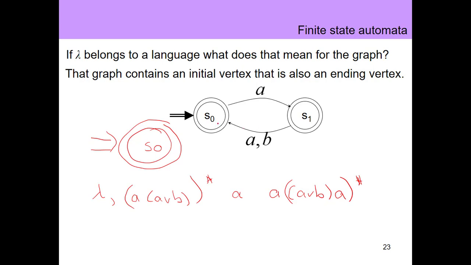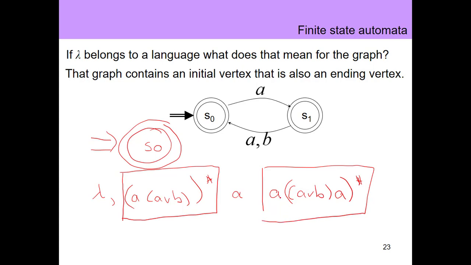We have to start in S0 and we can end in S0. And then in fact, we have this description: starting in S0, ending in S0. And you see that this word lambda is part of this description because the complete one has a star. And the other option we have is start in S0 and end in S1. That is given with this description.